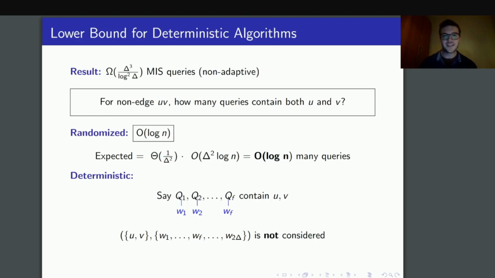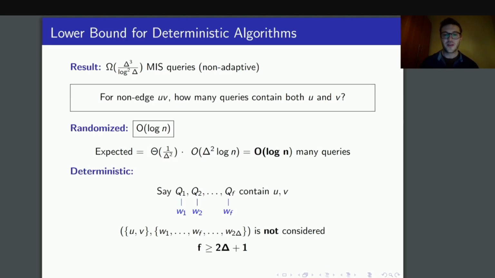This is not a valid delta query scheme, and as such, our deterministic algorithm will not be able to reconstruct the graph. The only way to prevent such a witness from not being considered is to ensure that we have 2 delta many queries that contain both U and V. So in this case, we need F to be at least 2 delta plus 1.